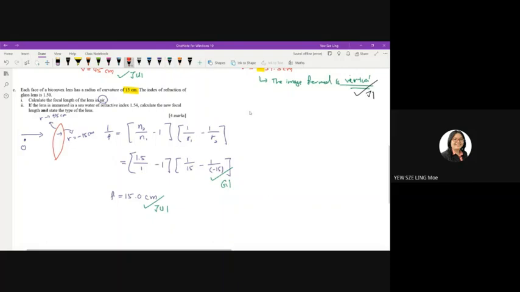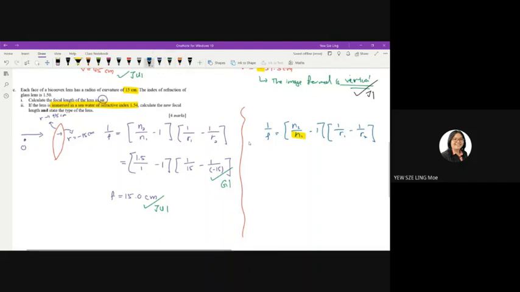Now you repeat the question again, but this time you immerse the lens in water with a refractive index of 1.54. Let's do it again. 1 over f equals n2 over n1 minus 1, times 1 over r1 minus 1 over r2. The difference now is your n1, because n1 is the medium.